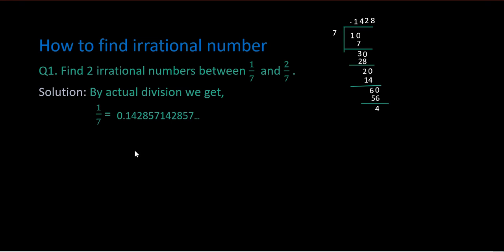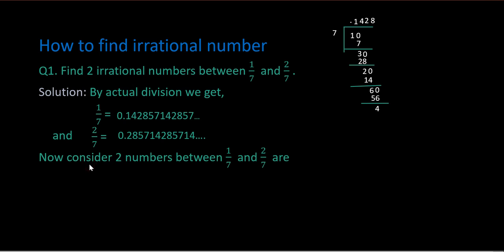Similarly, after doing actual division, we can write 2 by 7 equal to 0.2857 and so on. Now, we need to find irrational numbers between 1 by 7 and 2 by 7, which is nothing but 0.1428 and 0.2857. So in between we can choose any number.